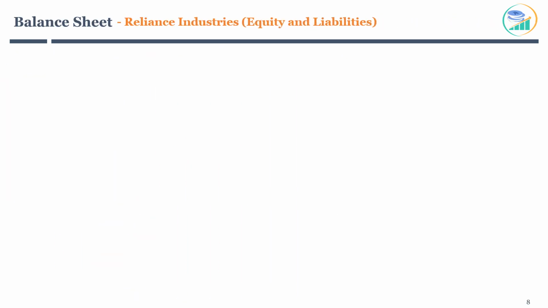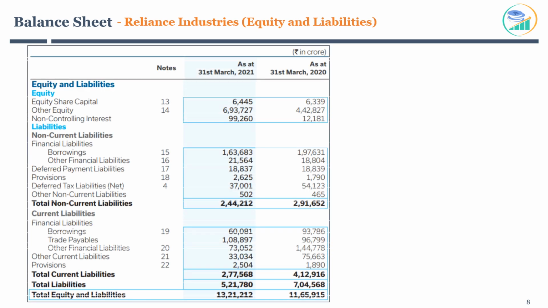In this session I explained liabilities and equity side of balance sheet. Liabilities side of balance sheet displays all the liabilities and equity. Liabilities are of 2 types. Non-current liabilities. Current liabilities. Non-current liabilities represents the debt or liabilities that will become due beyond 12 months in future. However, current liabilities are due within a year.